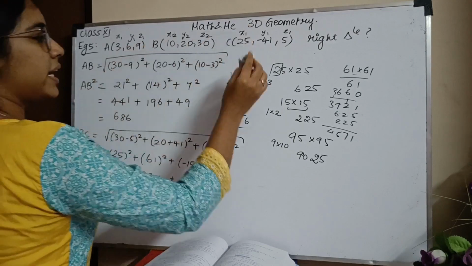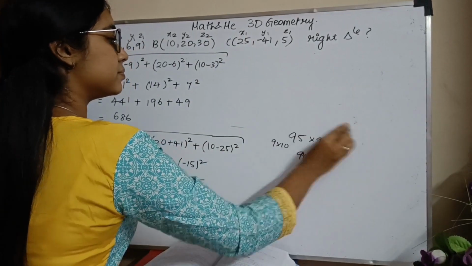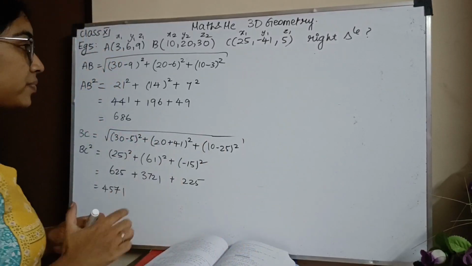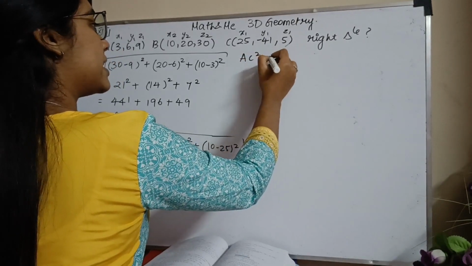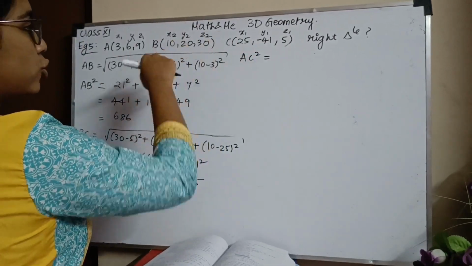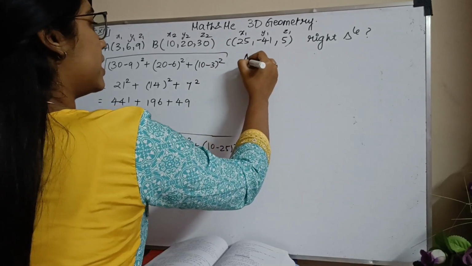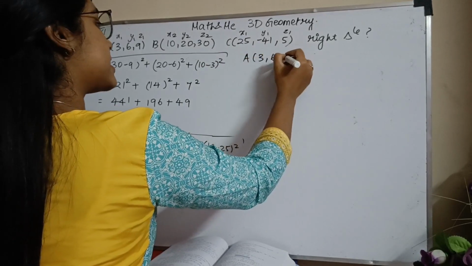Now I need to find my AC square. So what is AC square? I'll erase this. Now AC square, I'll simply square it. Okay, I'm not writing the square root. So I have x2, z2 minus z1. So first A, B, C, D, okay. So I have A, which is 3, 6, 9.